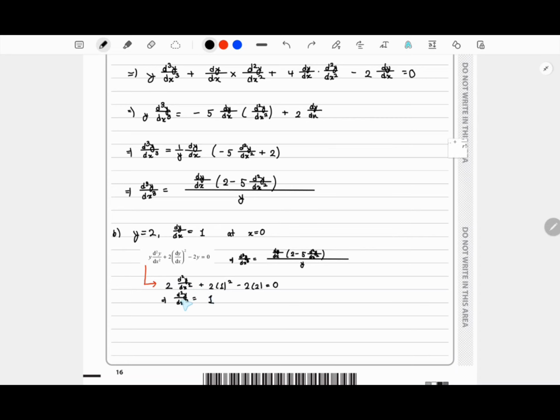Now using these three values of d square y by dx square, dy by dx, and y, we find out the value of d cube y by dx cube using the formula we have found out in part A. So we calculate that. We get this term over here, which equates to minus 3 by 2.